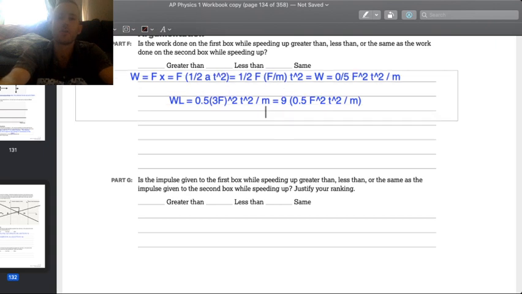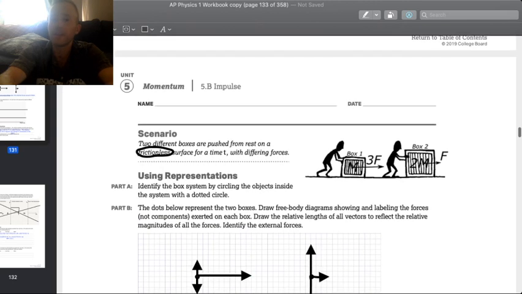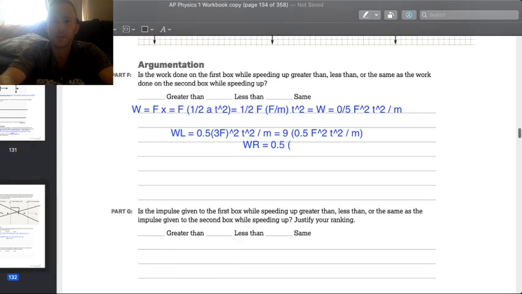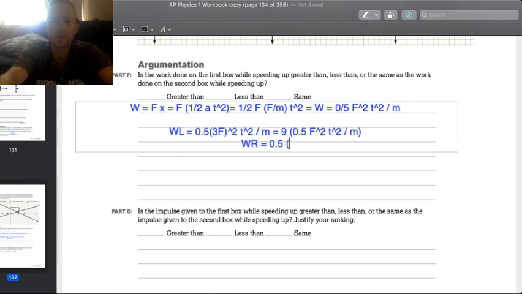Okay? Now, if we look at the right system, it only has a force F. It has a mass of 2m. So that means that we have 1/2 times just regular old F squared times t squared.